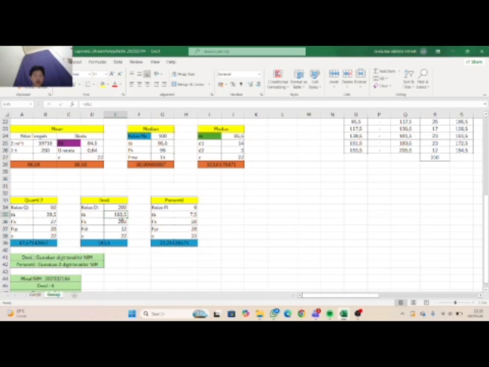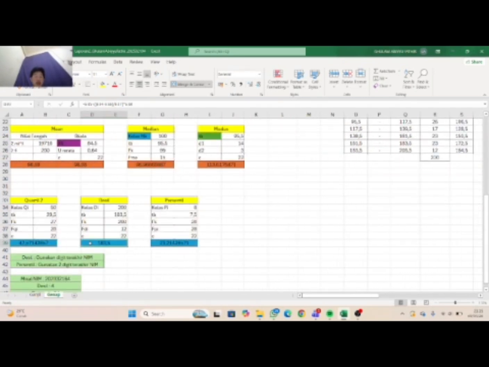The calculation process is almost the same as quartiles. First, I determine the decile position using the formula: the total data multiplied by the decile, divided by 10. After the position is found, I determine the decile class using cumulative frequency. And the decile value is calculated using the group data decile formula.